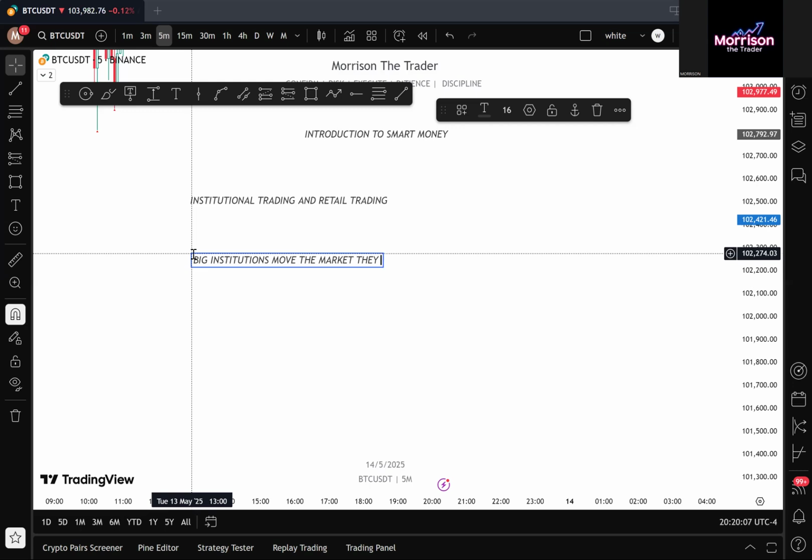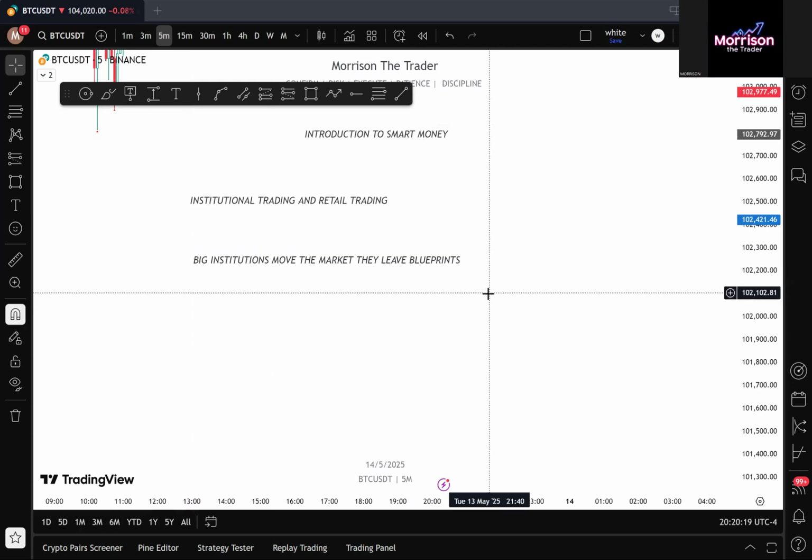So that blueprint is what we, the retail traders, or the smart money traders, would actually study and then trade.